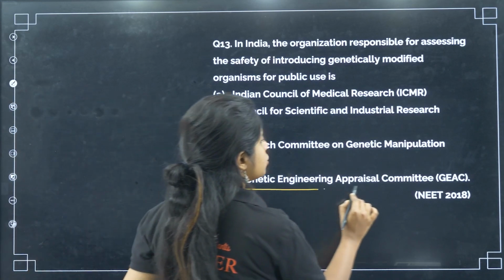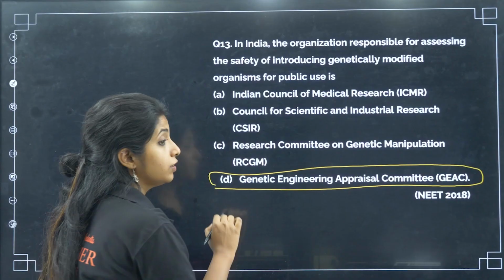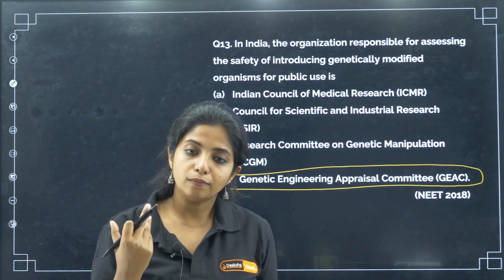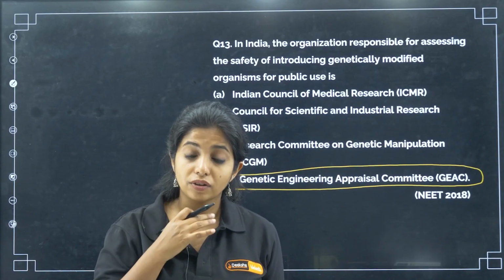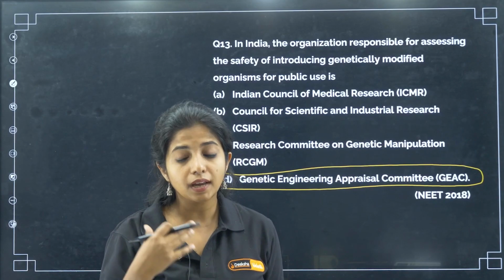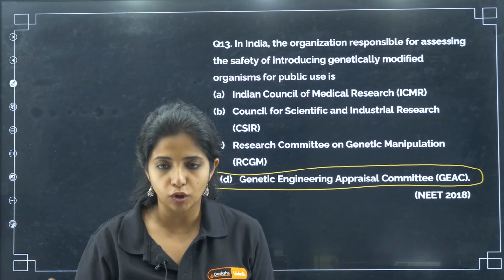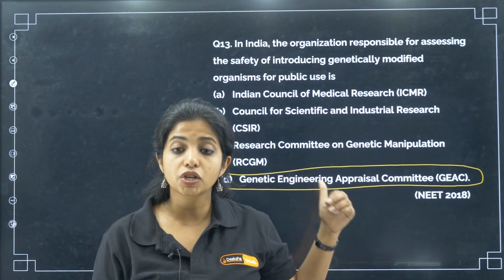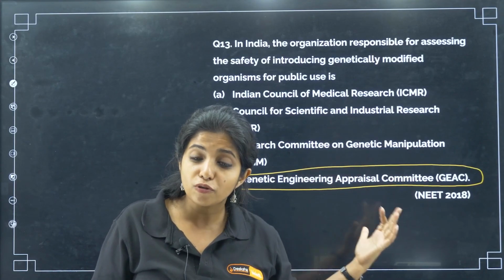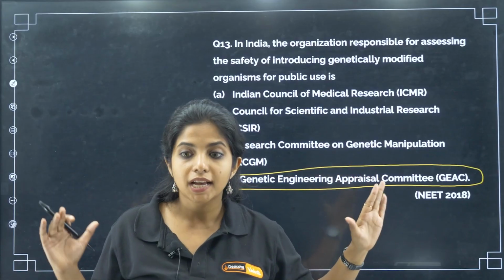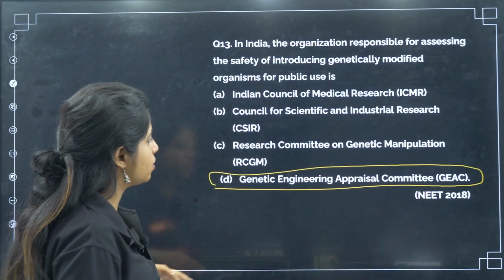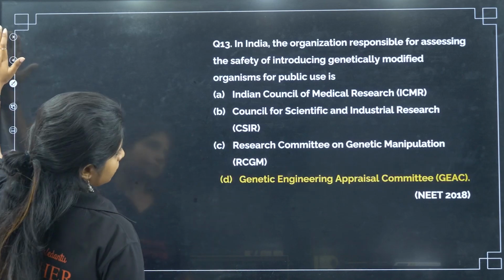It is the Genetic Engineering Appraisal Committee which gives the rights that I can use this particular organism for genetic engineering, and also gives rights that whatever I have made, I can make it public also. All the rights are governed by this association. You might see an approval committee also, both of them are equally correct. The name has been changed to approval committee now, but this was the initial one. This is there in your NCERT, so please remember it.